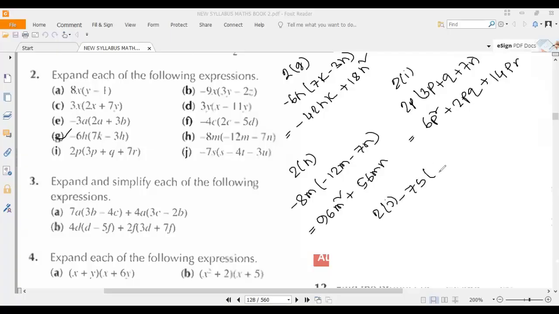Minus 7s into s minus 4t minus 3u. So minus 7s into s, 7s square, minus a plus 7 4s are 28st, minus a plus 7 3s are 21su, and that is the solution of 2j.